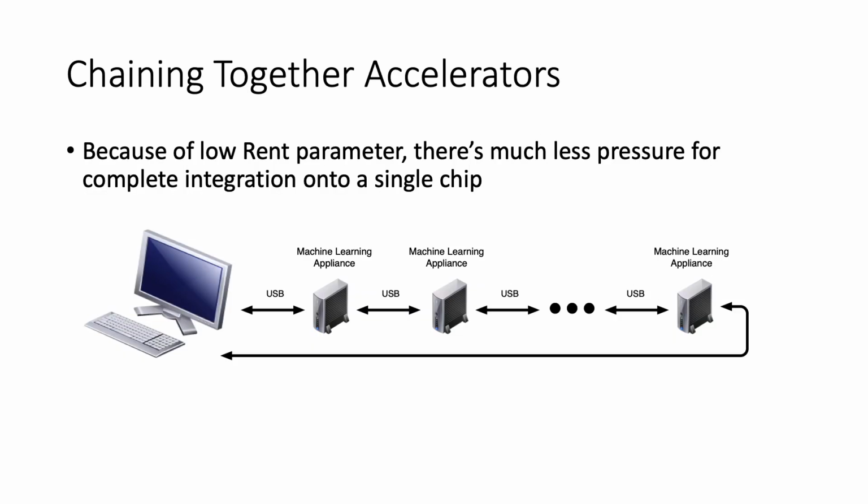Now I want to talk a little bit more about a couple more things. One thing we noticed, and again, this comes back to the rent parameter observation, we don't have the same sort of pressure to put everything onto the same single die that you might have with a conventional VLSI circuit.